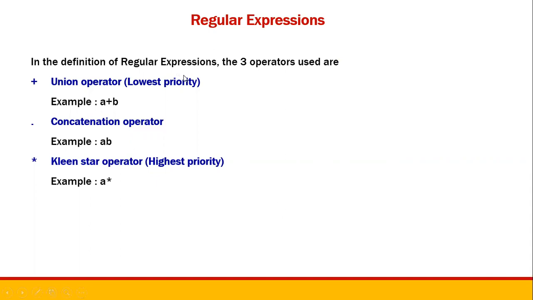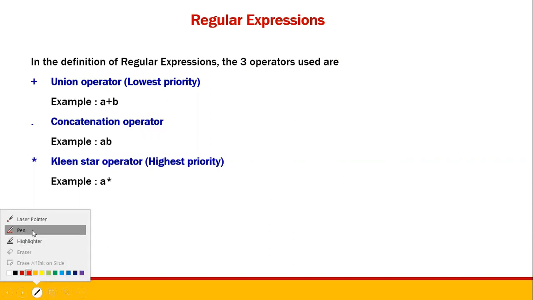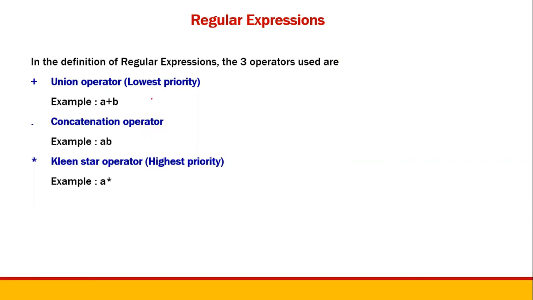So in the definition of regular expression, we will have three operators which are commonly used. The first one is union operator, which is having the lowest priority among these three operators. So let's say one example of a regular expression which is having union operator is a plus b, or also we can write it as a union b.